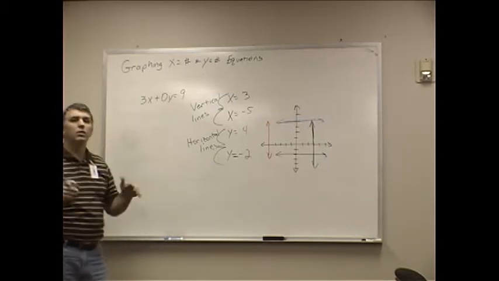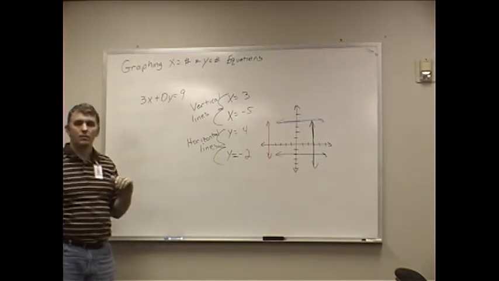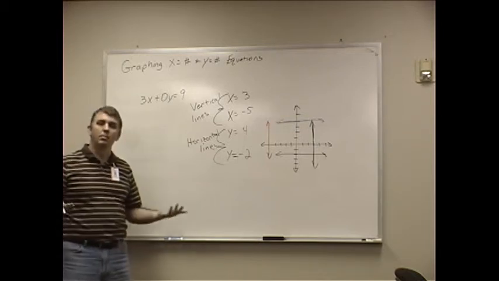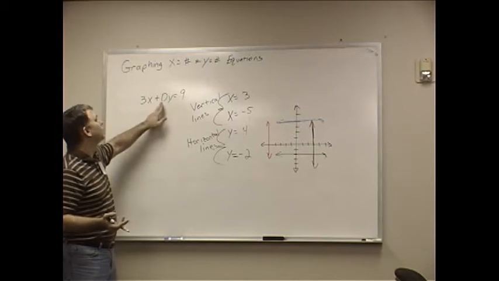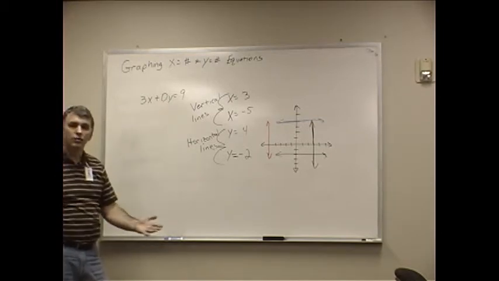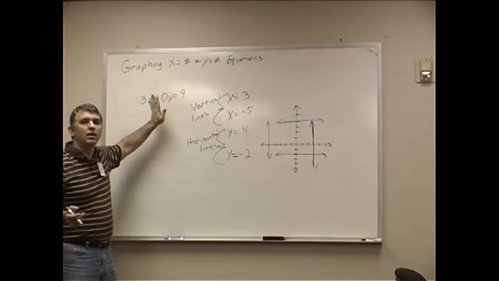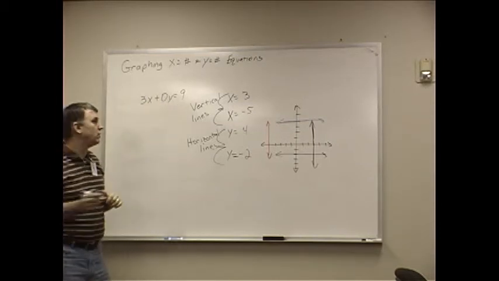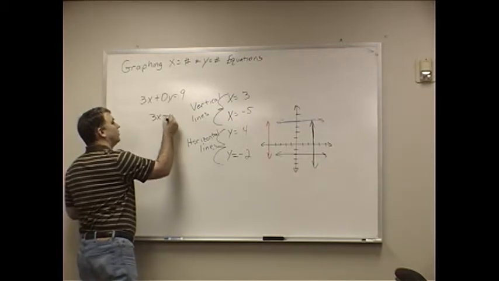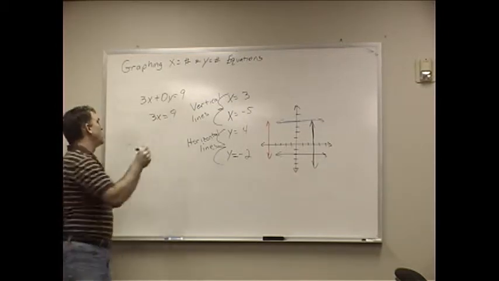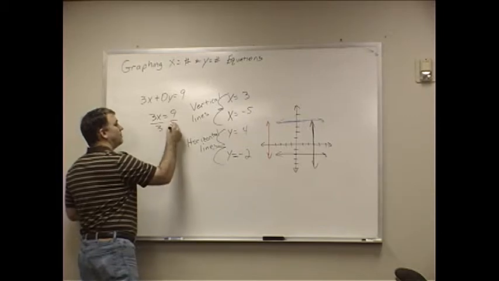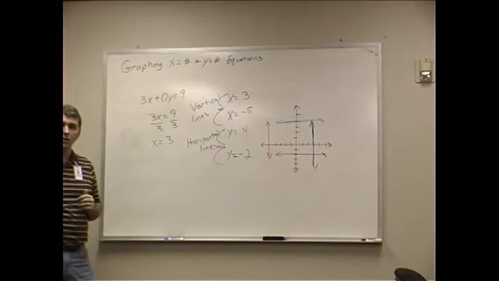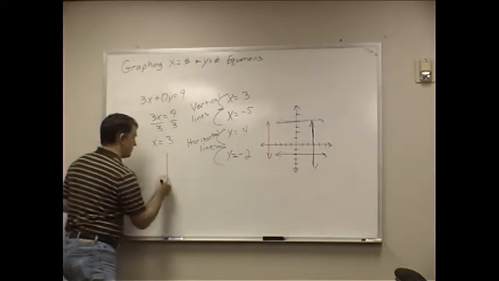Now, notice I put a 0 in front of the y here. The only way to get something to disappear is to multiply by 0. So hence, when you do 0 times y, you get 0. 3x plus 0 is 3x equals 9. Well, then you solve, and you divide by 3, and you divide by 3, x is equal to 3.